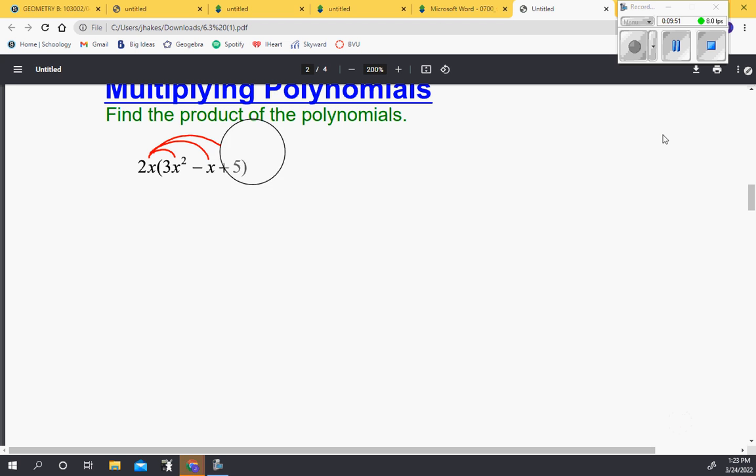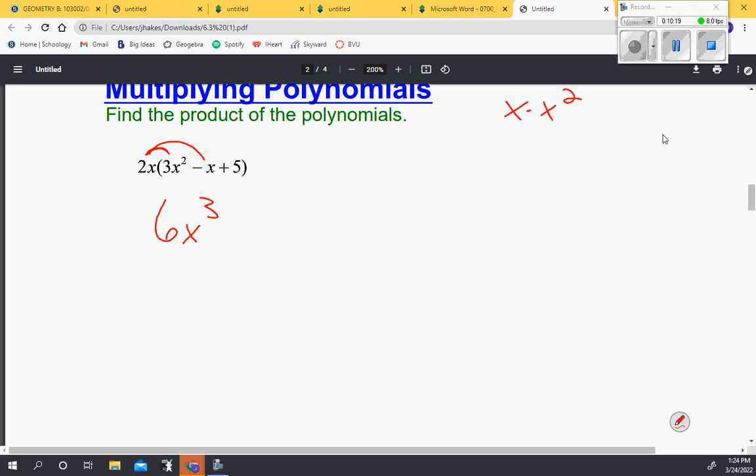This first one, 2x times 3x squared. Start by multiplying the numbers. What's 2 times 3? It's 6. But now we have x times x squared. How many x's is that? It's x cubed. So we have 6x cubed.